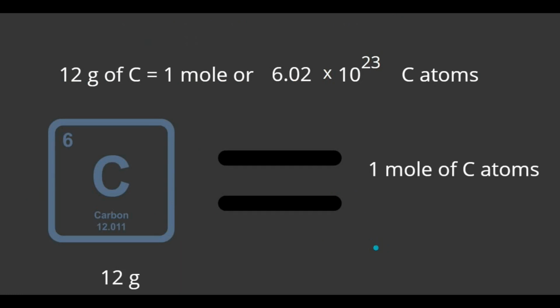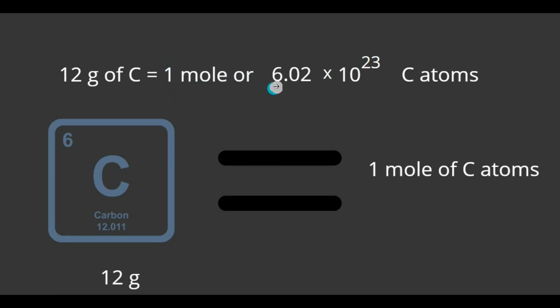Okay, so let's look at a few examples to further explain this concept of a mole. So if you look at your periodic table, there's an element, carbon, right? And you see this value there, we call it its relative atomic mass. So if we took a scale where you can weigh something, and we measured exactly 12 grams of carbon, it would mean that 12 grams of carbon is equal to 1 mole.